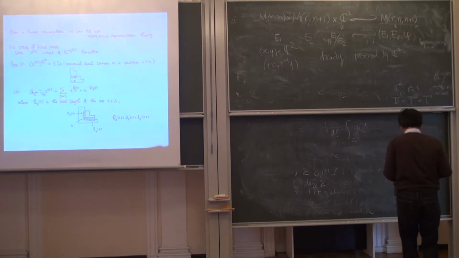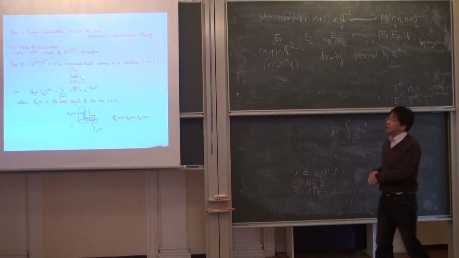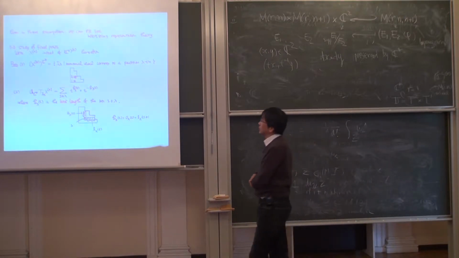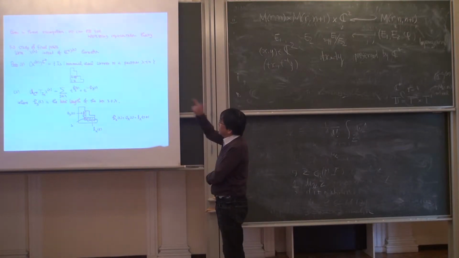You have a similar story for the Hilbert scheme of points. So first of all, the C star fixed points are parameterized by partitions again.